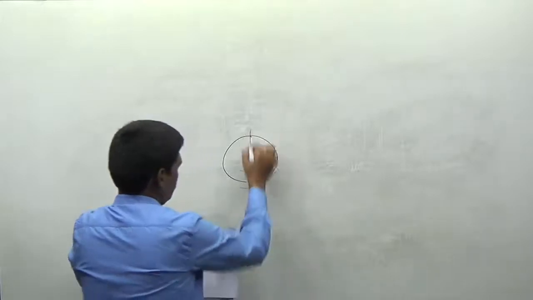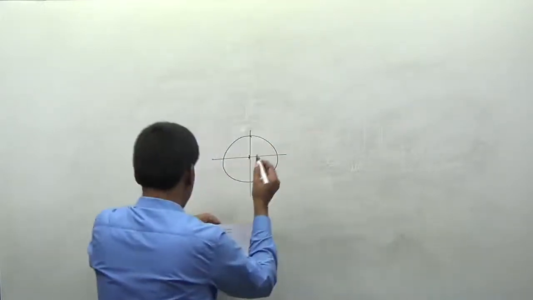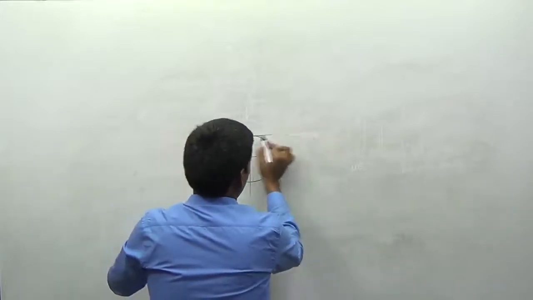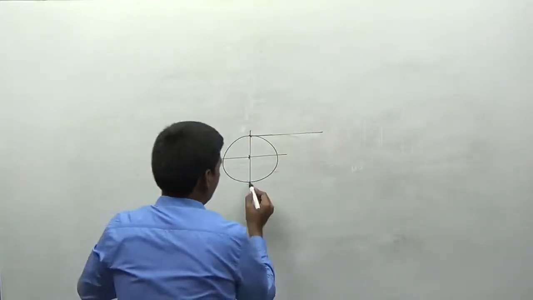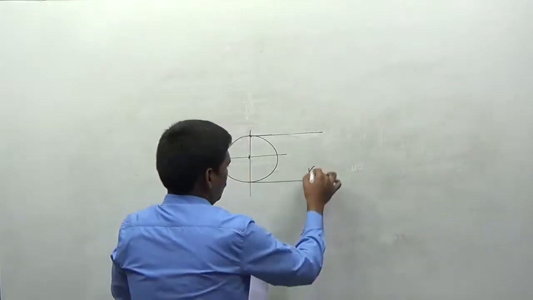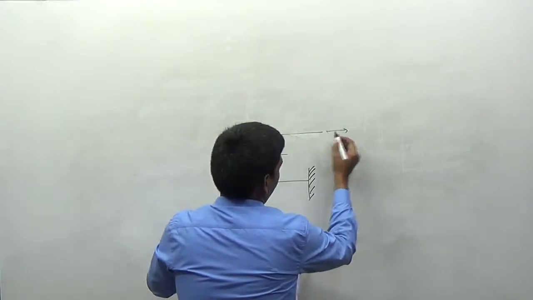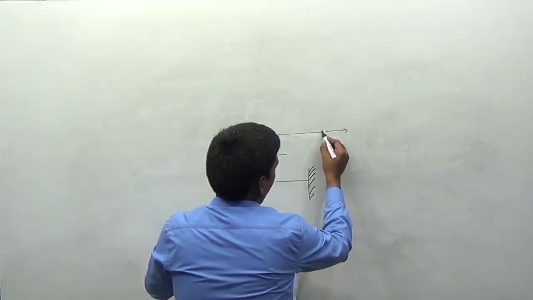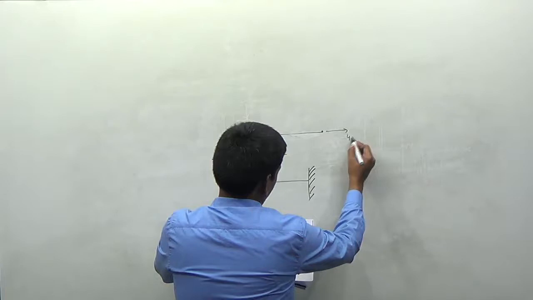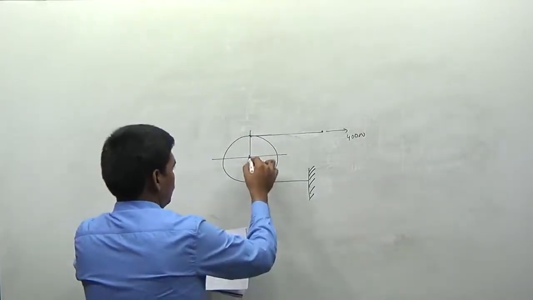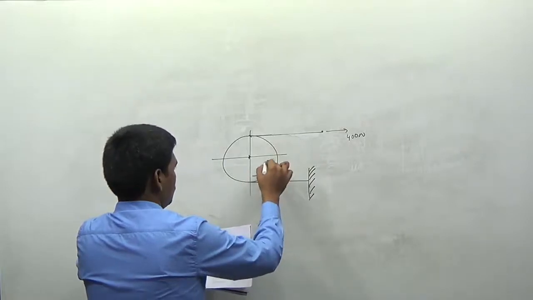The center of the wheel, horizontal and vertical. The wheel is here, and here we have the surface fixed, and at the end of the band I am applying a force of 400 newtons on this body. And actually the wheel is rotating in this way here.